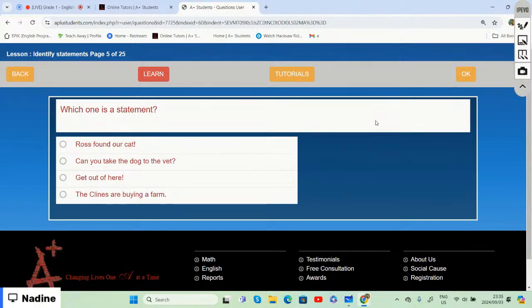Does it say Ross found a cat? All right, and if we were to choose that statement, right? Remember we said a statement ends with a period.